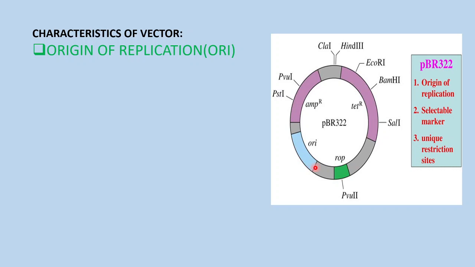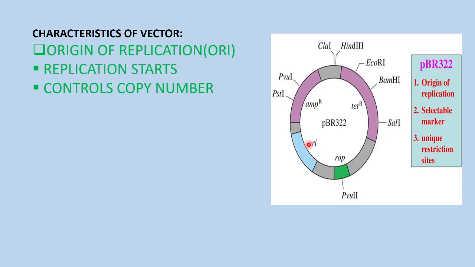Origin of replication is a point from where the DNA replication starts, from where the plasmid will start replicating or dividing. This is very important, because after we join our new DNA, the plasmid should divide many times. It also helps in controlling the copy number, that means how many times it will multiply. So the two functions are replication and controlling copy number.